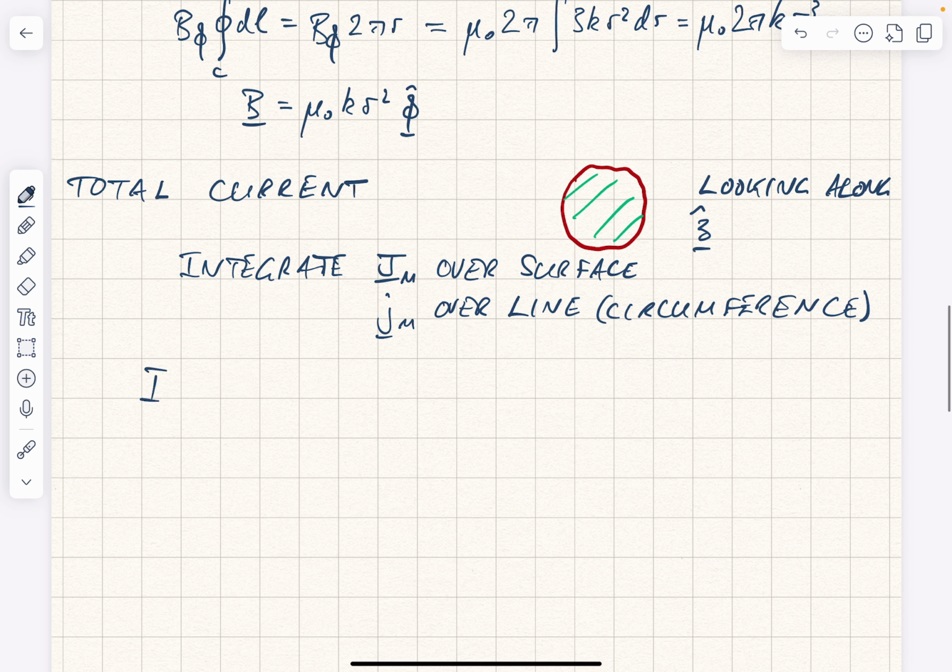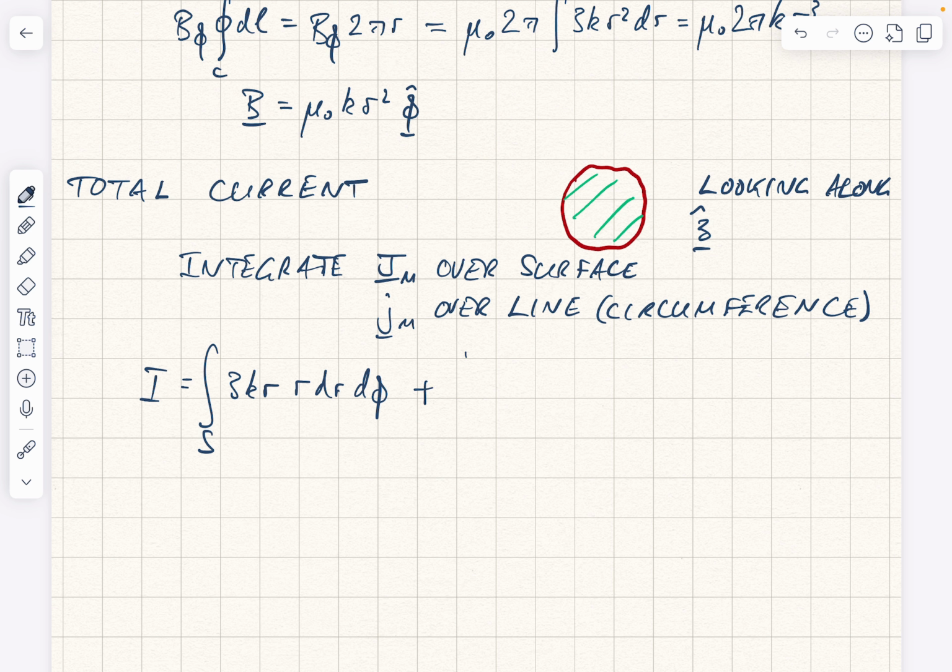So that tells us that capital I, which is the total current, is the integral over the surface of capital Jm, which is 3kr, and I could now do dot n dA, but we know that J lies along the normal to the surface, and so the surface area element is r dr d phi.